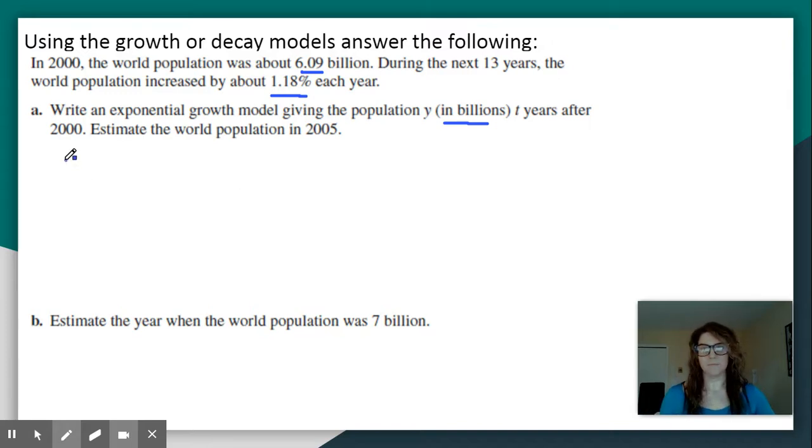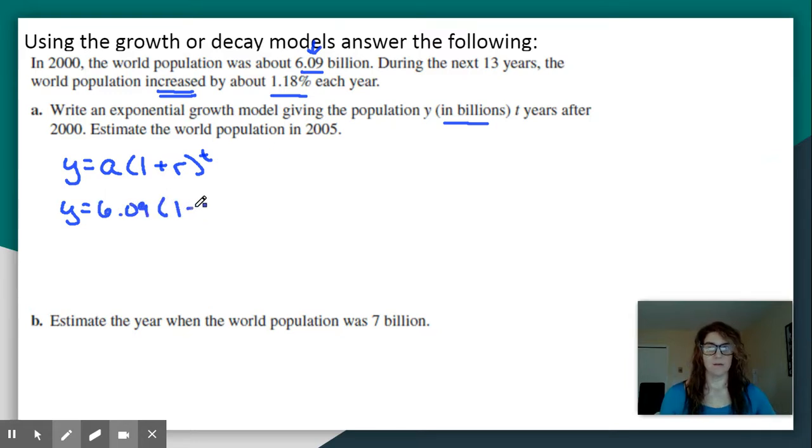So let's create it. Remember, it's saying it's increasing, so that's going to be a growth. So I'm going to use 1 plus r, that growth model. Your A, remember, is the initial, so 6.09. That's where it started. The rate is your percentage.